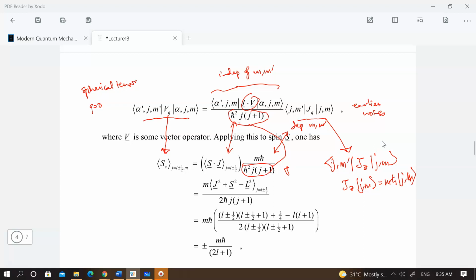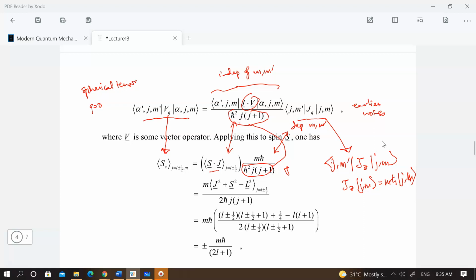Now our problem is just to find out what this is, which is coming from that J dot V there. But you can get cross terms like this by expanding your J squared, and then you subtract the necessary part, which in this case is your L squared here, and that will give you the cross term S dot J. Remember when you do the cross term, you have a factor of 2.